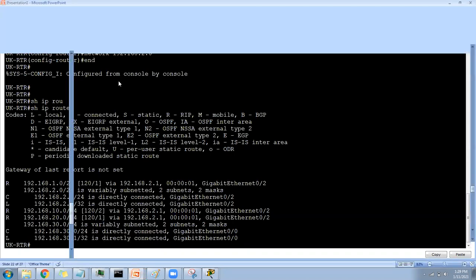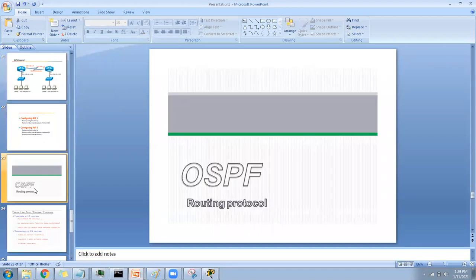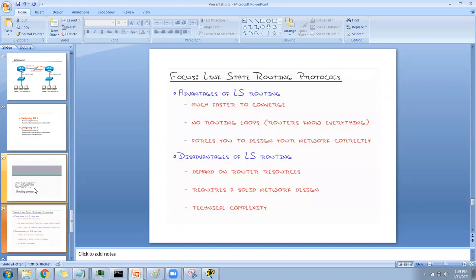The other one is OSPF, Open Shortest Path First protocol. This is the second dynamic routing protocol which we are seeing. So what is the focus here? It is a link state routing protocol. RIP was a distance vector protocol.